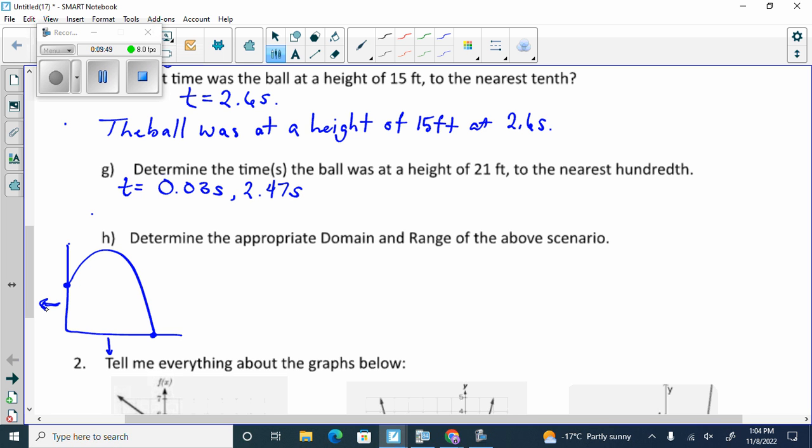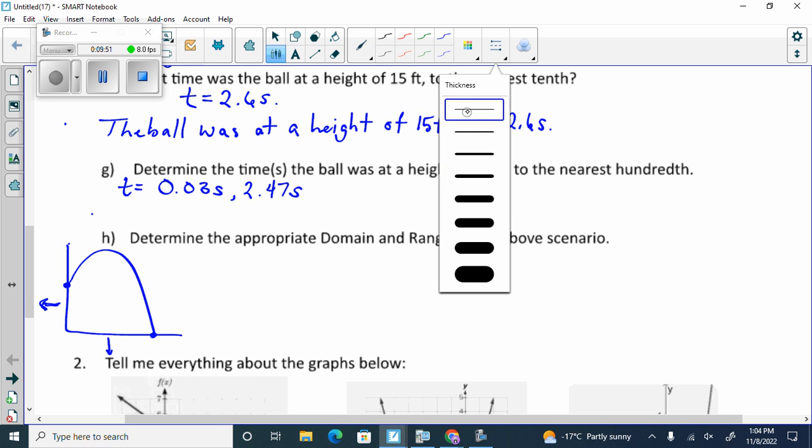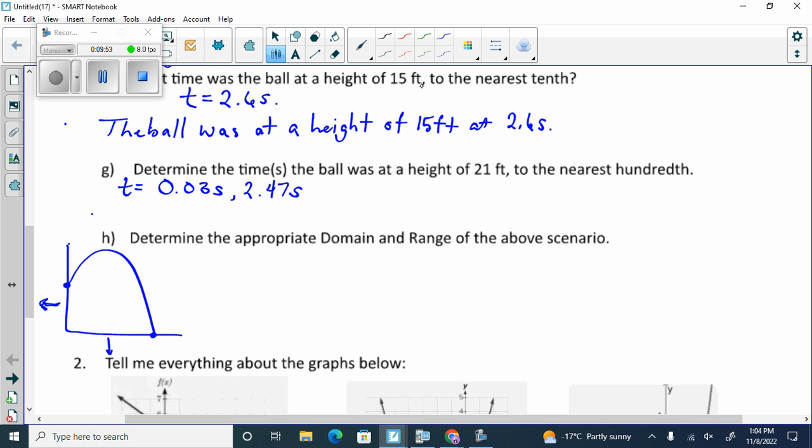So what is the lowest time I can have? 0. And then when did this one happen? When did it hit the ground? At 2.9, correct? I think it was 2.9. So that is the only x's I can have. After that, it's entering the ground, and before that, it's negative time, so it doesn't make any sense, correct?